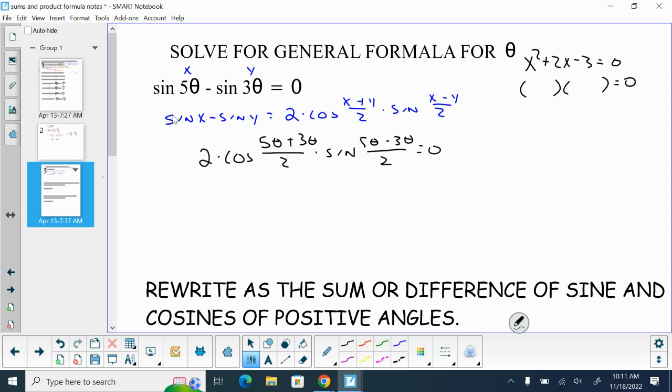Once again, that's the multiplication property of 0. If I have things being multiplied together to equal 0, one of those things has to equal 0.